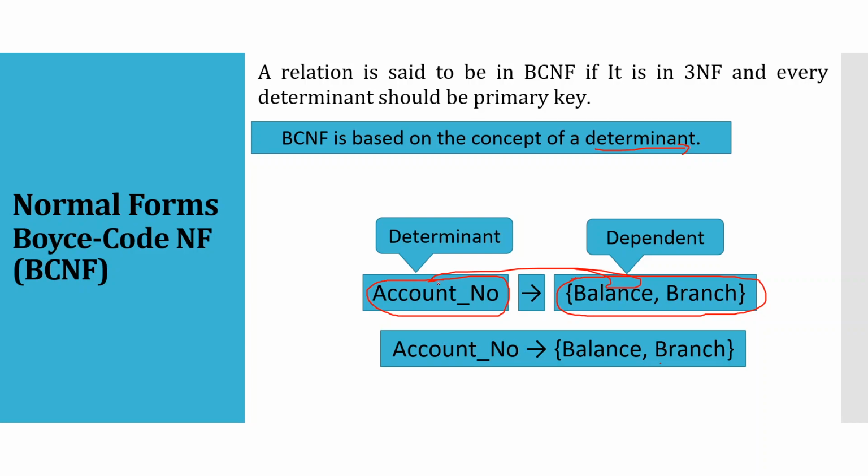So account number is a determinant, and the rule of BCNF states that every determinant should be a primary key. So this determinant account number should be a primary key in the table. So this is what the concept of determinant is.